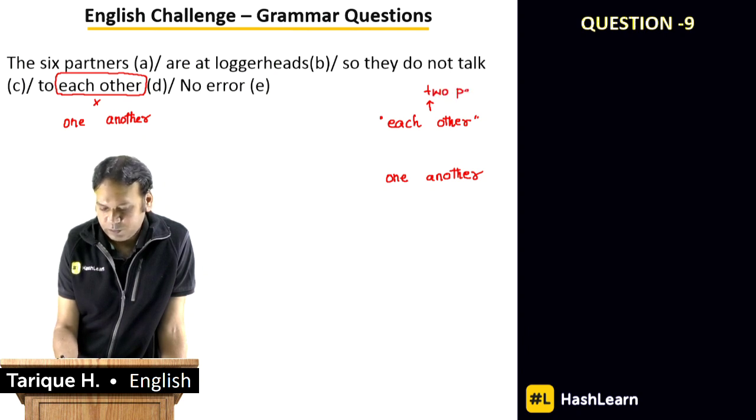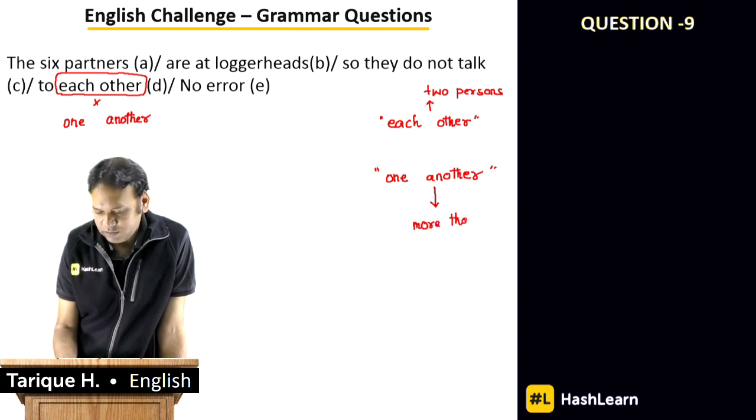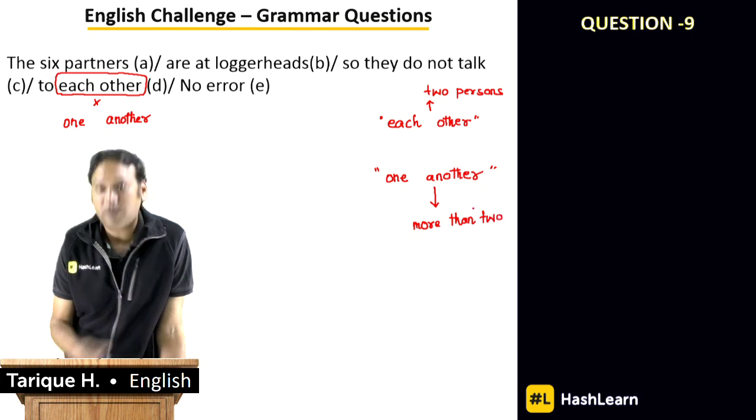Only talking about 2 persons. Let's say, for example, John and Mark should help each other. When we talk about more than two persons, we use one another. More than two persons. A very basic usage of English language, but most people don't know this.